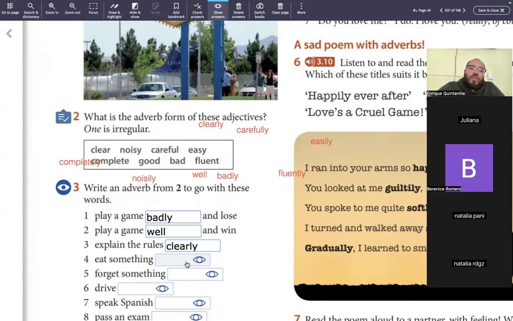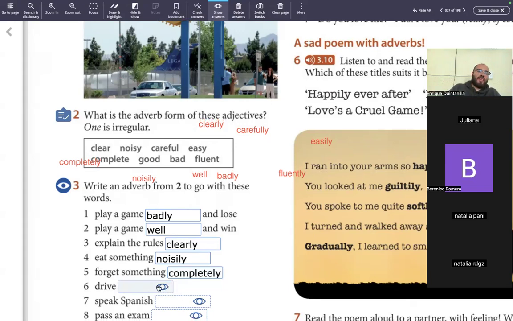Noisily. Yes, exactly. Noisily. It's something fast. Don't forget it in the exam. Completely in blank. Don't forget.